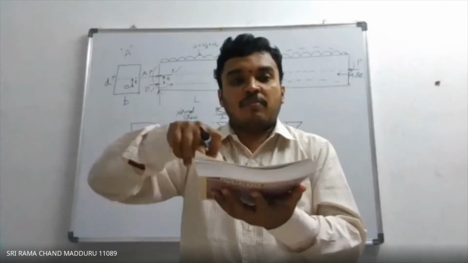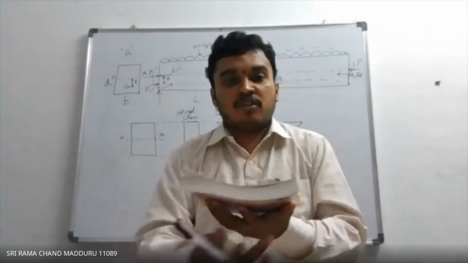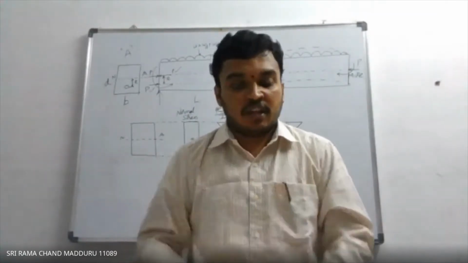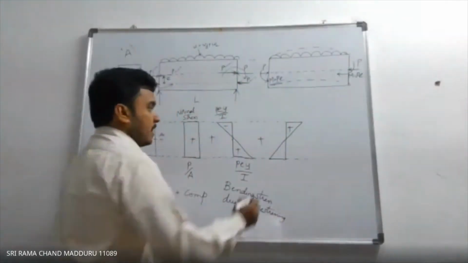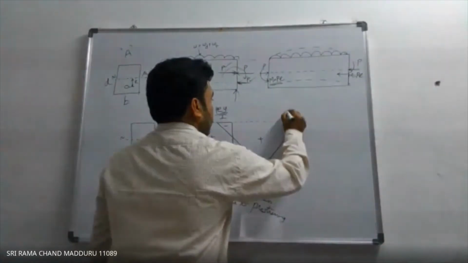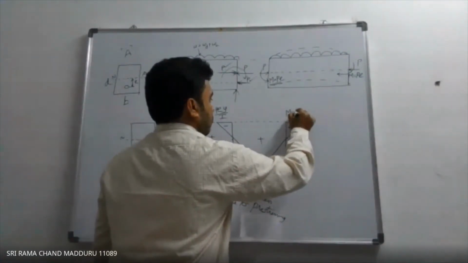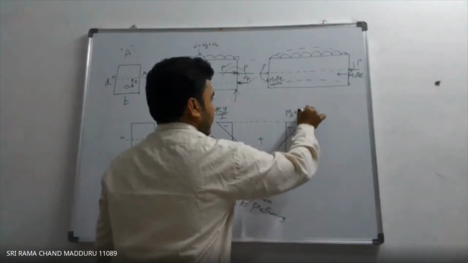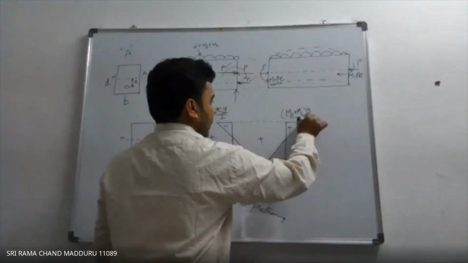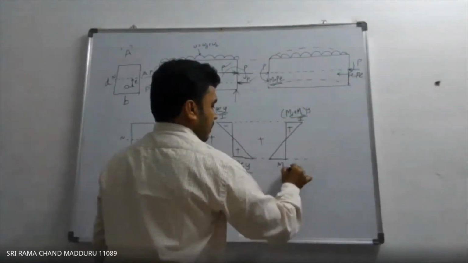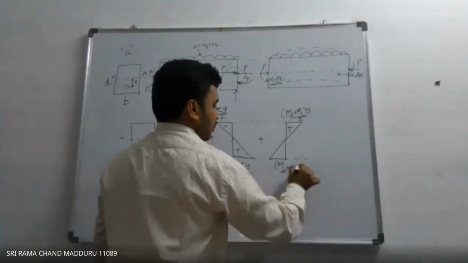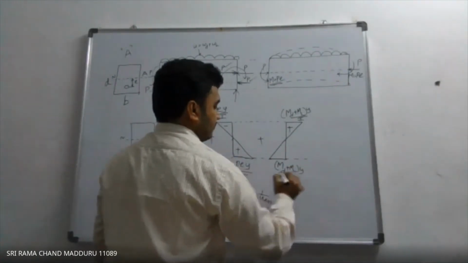So the top fiber will be under compression, bottom fiber will be under tension. So the bending stress is here. This will be MD plus ML into Y by I. This is also MD plus ML into Y by I.